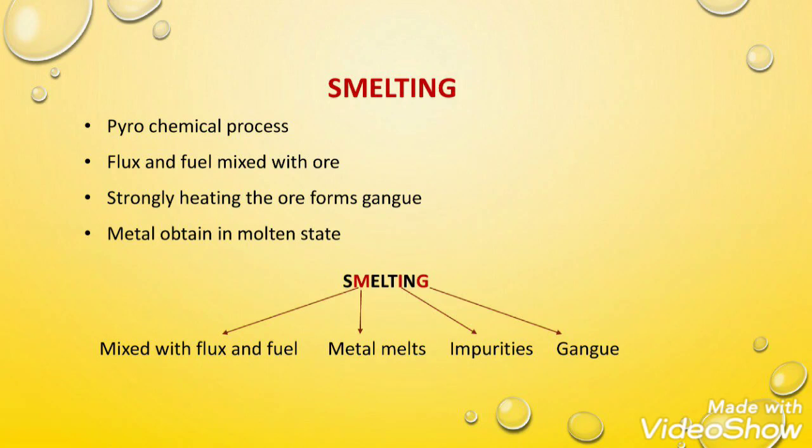To remember these points easily, in the word smelting itself, M is for mixed with flux and fuel. M, metal melts and gives molten state, and impurities we call gangue. Last G: in this smelting process gangue is formed.